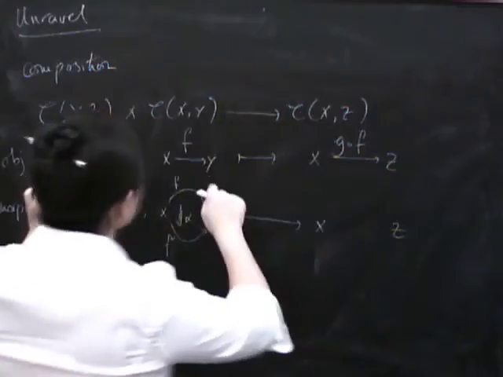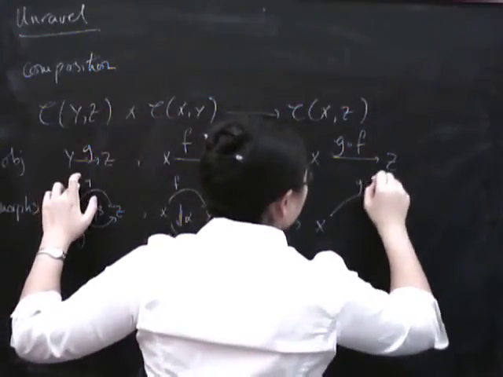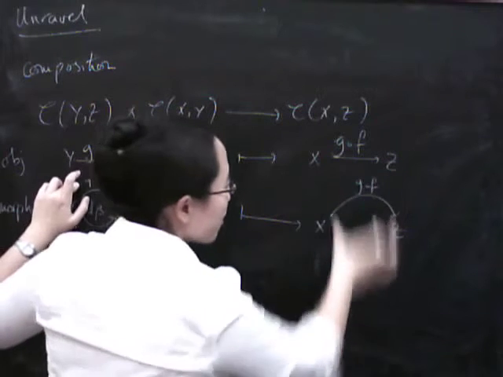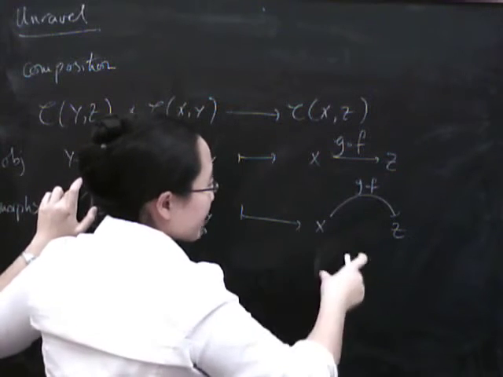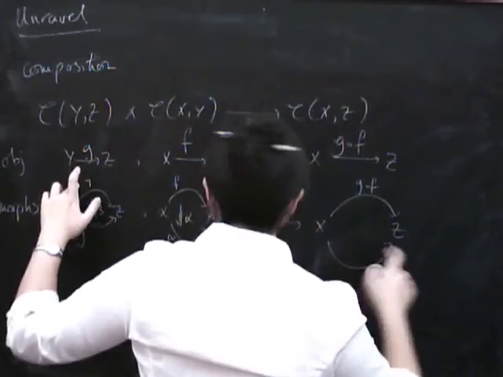The source is going to be the composite along the top, because that's what functors do. The source of the image of this morphism is the image of the source, and the target of the image is the image of the target.